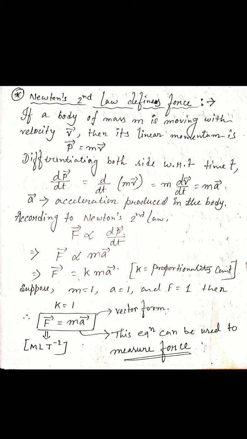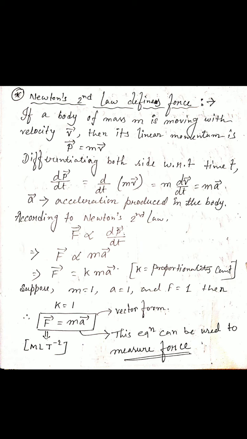The dimension of m is capital M and the dimension of a is L T to the power minus 2. So m into a gives the dimension of force, M L T to the power minus 2, which we already studied in the unit and dimension chapter.